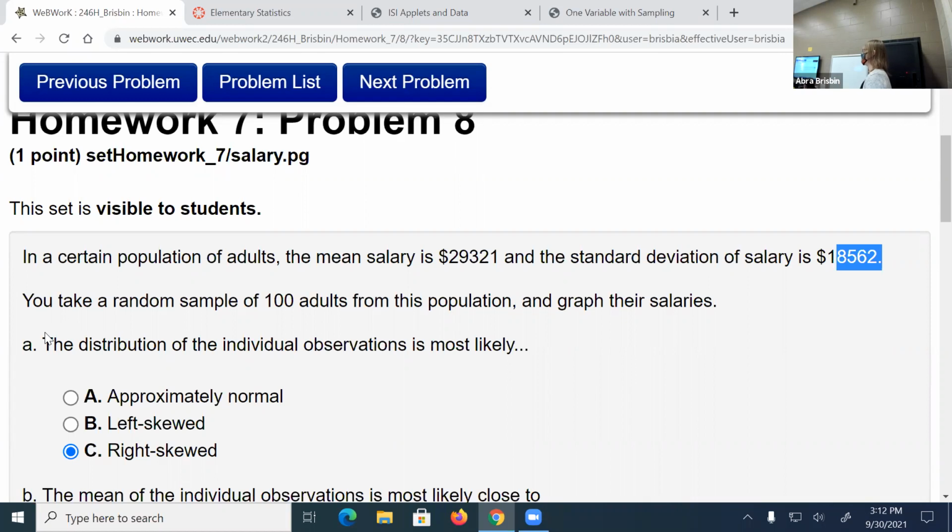But if you think about the context of the data, there are two factors here. One is that individual people's salaries can't be negative. So we have this sort of hard left-hand boundary that the salaries can't be below.